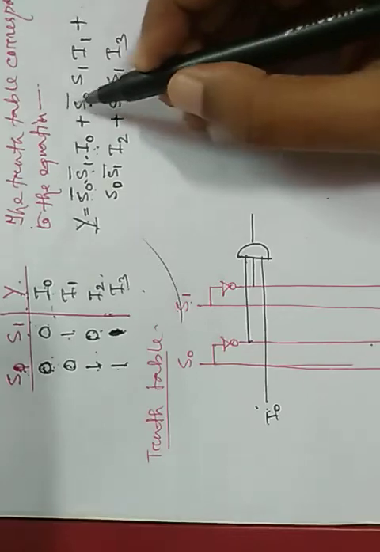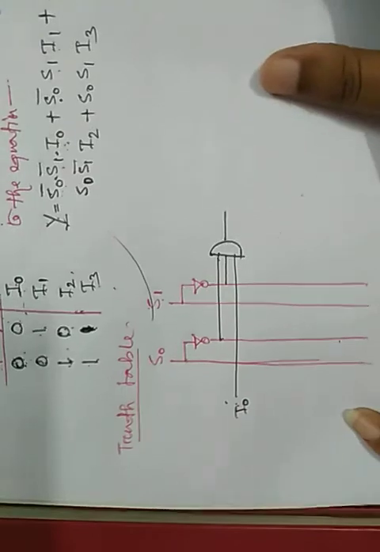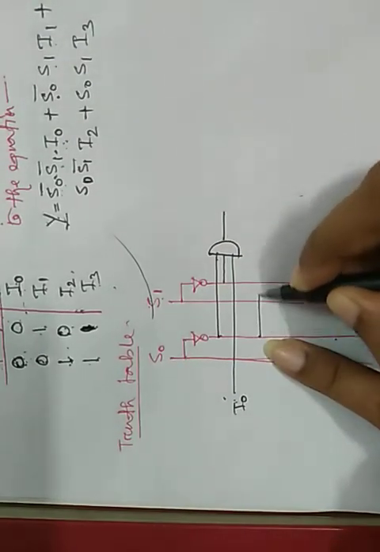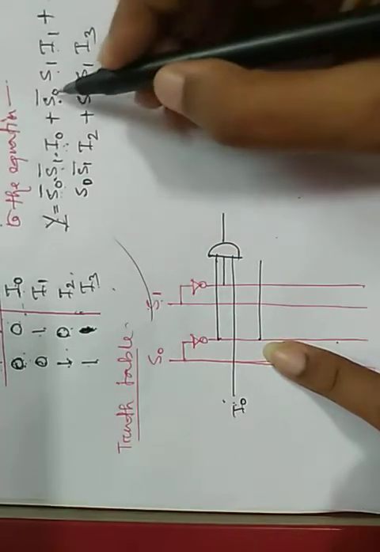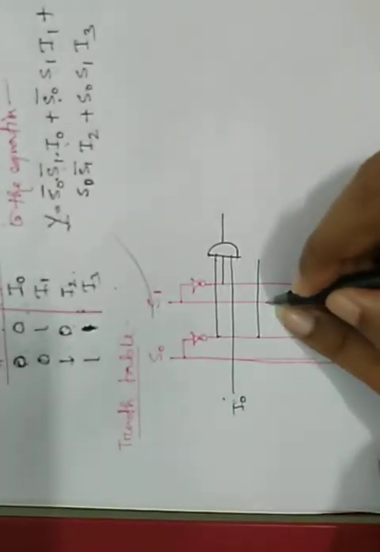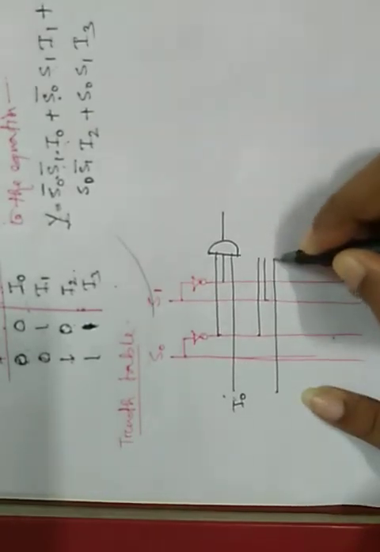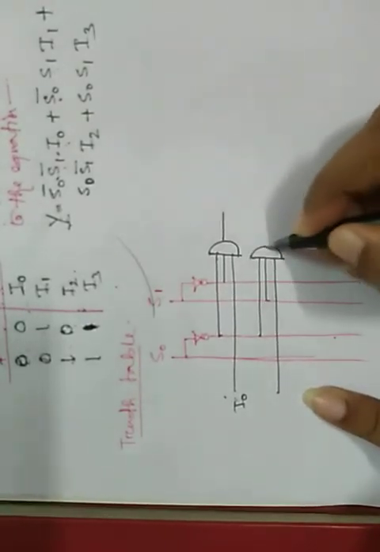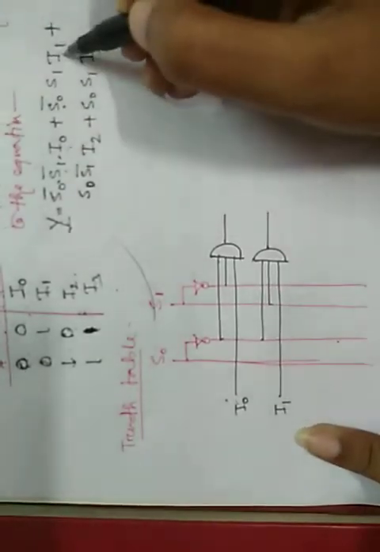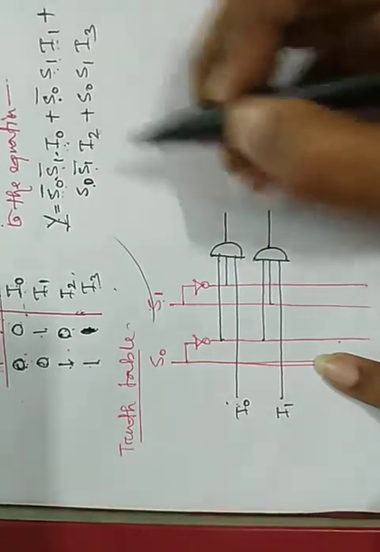This is S0 bar, S1, I1. S1 is normal, not bar, so we take it from the direct line, and I1. Our third value is S0 S1 bar I2.